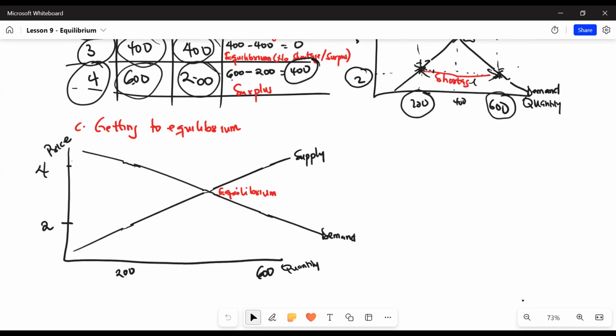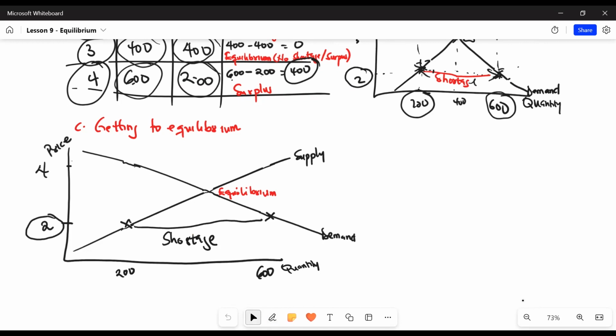The first thing we should know is that shortages cause the price to rise. If we start from a point here at price equals 2, quantity supplied is 200 and quantity demanded is 600. As we have noted before, this is a shortage.